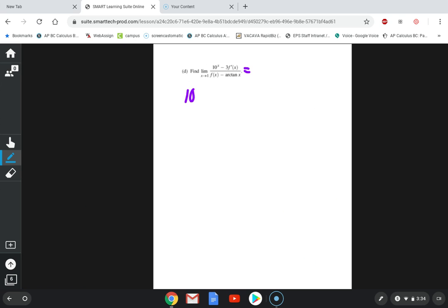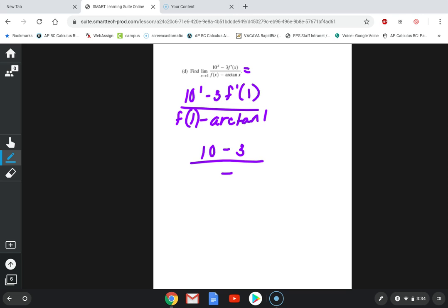So I have 10 to the first minus 3 f prime at 1 over, and again, that is f at 1 minus arctangent of 1. So 10 to the first is 10 minus 3. I'm going to hold off on the f prime at 1 and the f of x at 1, and I'm going to go down to the arctangent of 1.